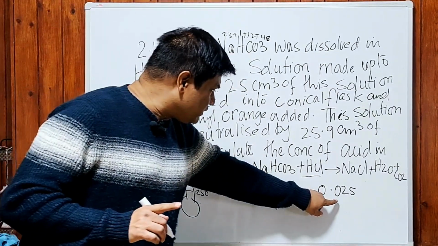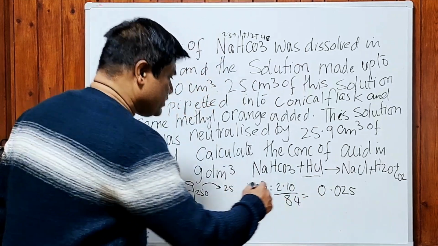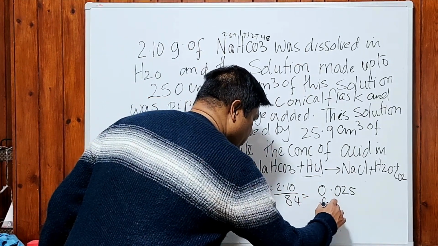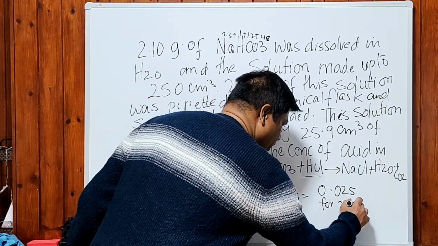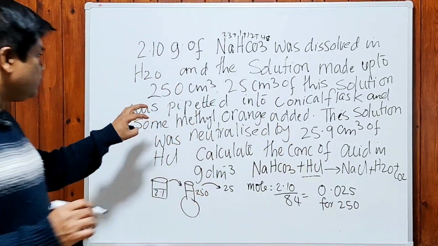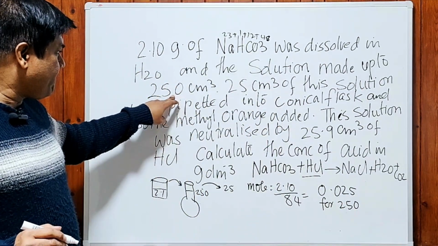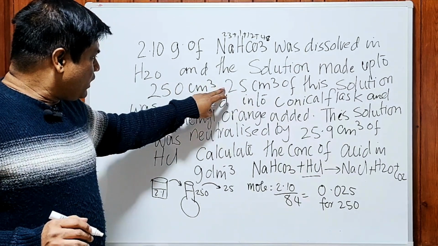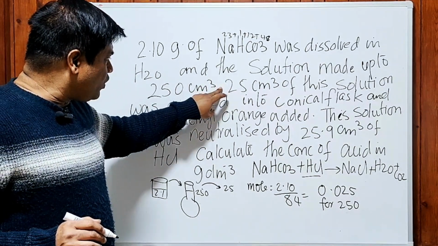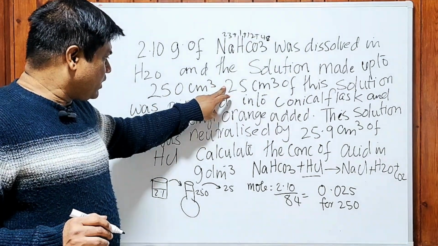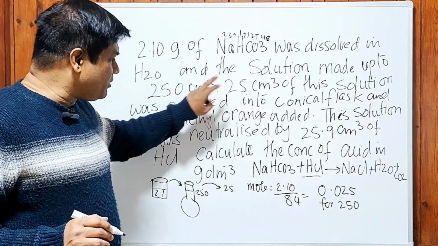And this is the mole for 250, guys. Why? We made the solution up to 250. So you have to work out the mole for 25. How can we work out? You have to divide it by 10.